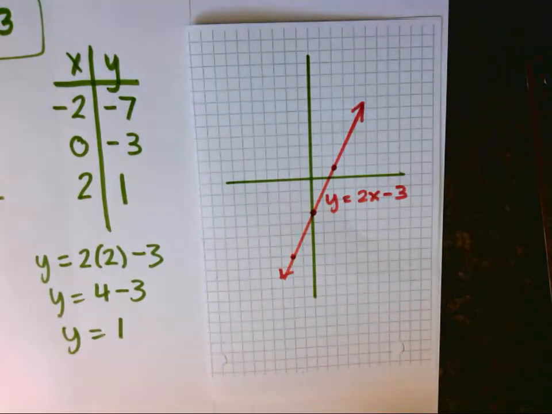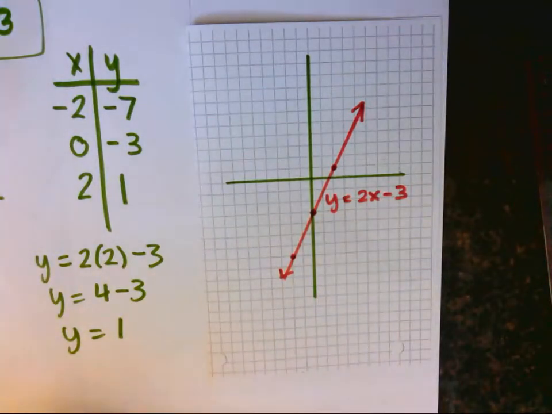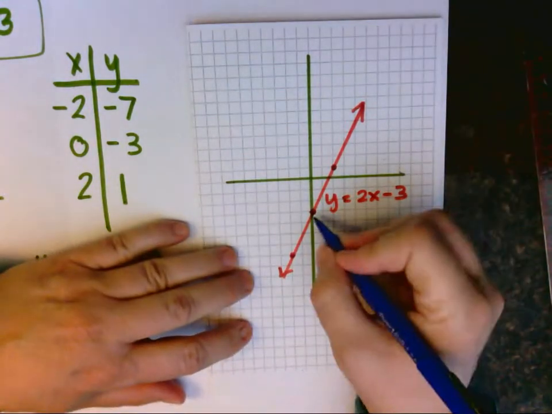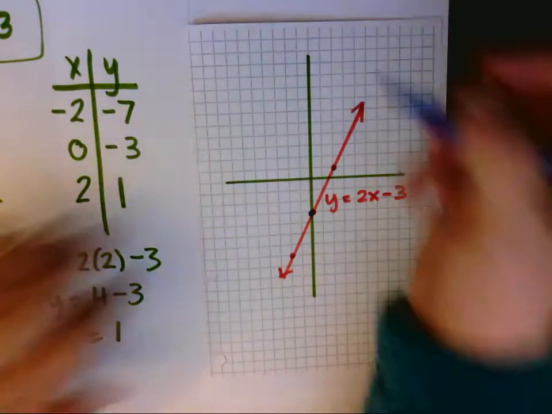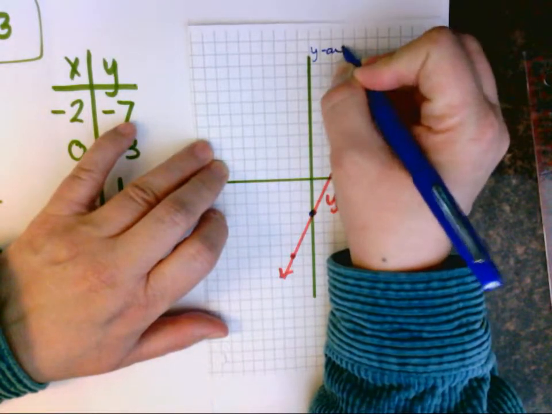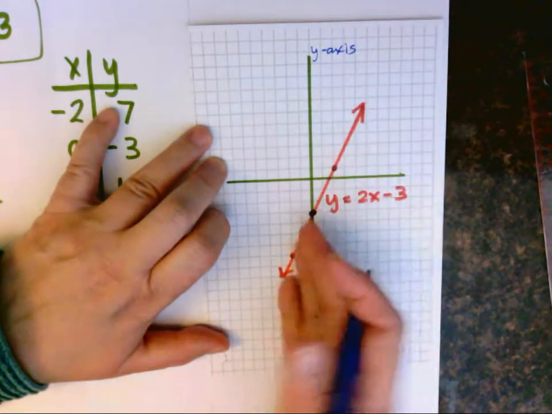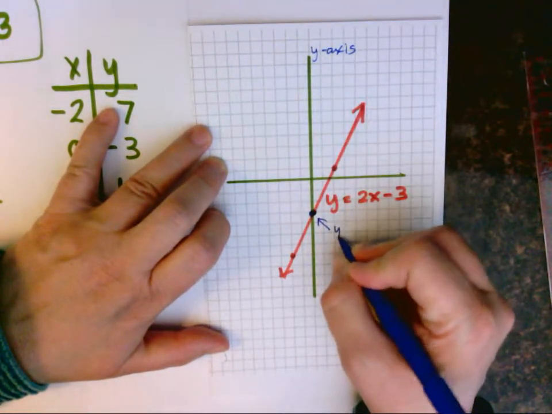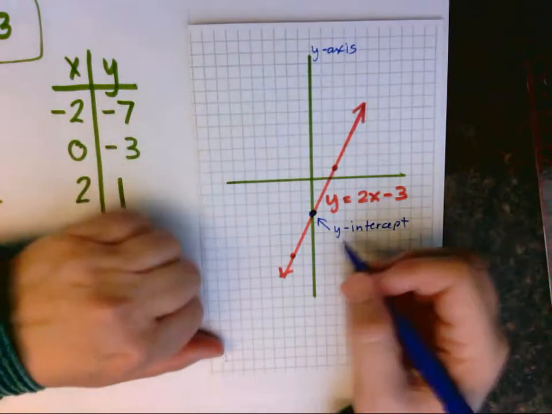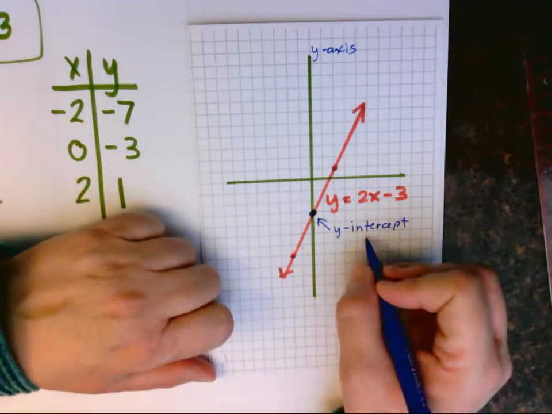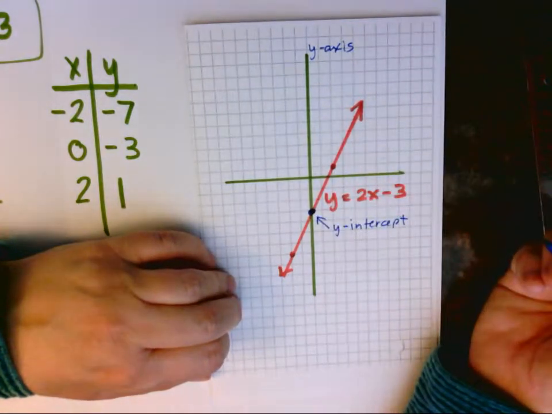Now before we move away from this graph, let's talk about a new vocabulary term. As you remember, this is the y-axis. And so the point down here where the graph crosses the y-axis is called the y-intercept. You may want to write in your notes that the y-intercept is where the function crosses the y-axis.